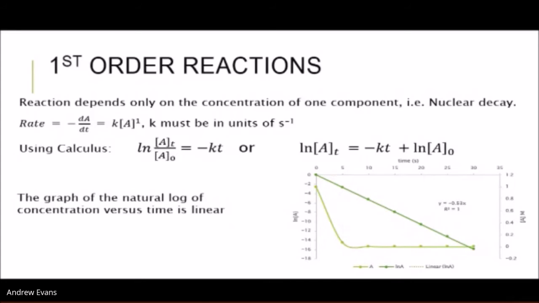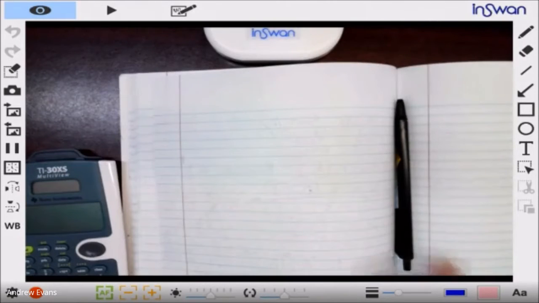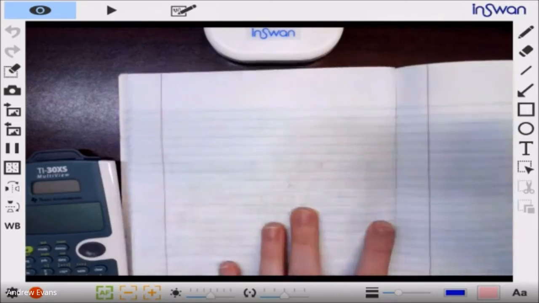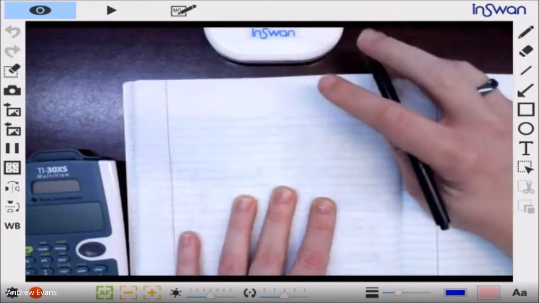Let's go ahead and go to the document camera. Essentially, if I have a first order reaction, we're basically doing this. Real quick, I'll only show one because we only really need to show one.